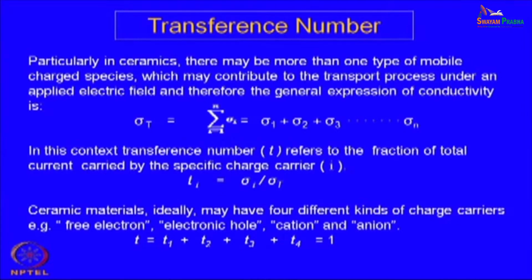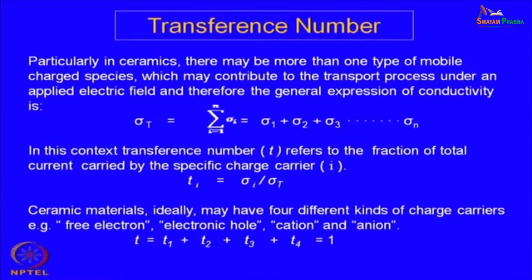That fraction, that is t i, the transference number, equals sigma i by sigma T. That is, the fraction of the current carried by the ith species out of the total current I T, or in this case if you write in form of conductivity, it becomes sigma i by sigma T. So, it is basically a ratio, or sometimes expressed in percentage also.